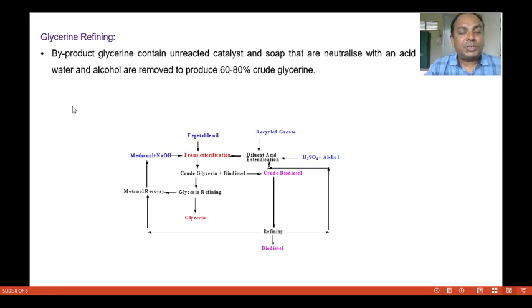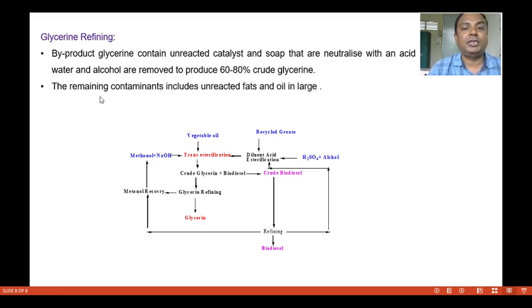Moreover, glycerol is used as a raw material for the manufacture of cosmetics, and therefore it also needs to be purified. So glycerol is then neutralized with acid, so that any extra base present in the glycerol could be neutralized.